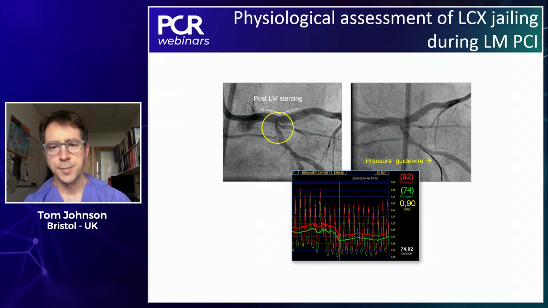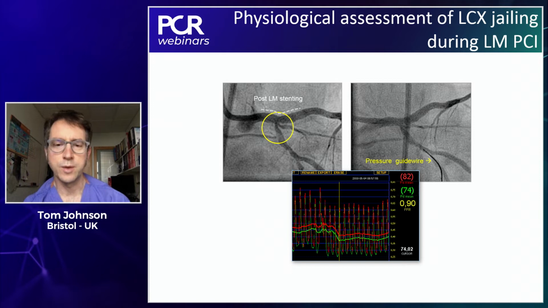I worry in this setting that leaving that ostial stenosis, although the physiology is reassuring, may be a driver for subsequent lesion failure, because we know from beautiful shear stress studies that it's that outer wall of the circumflex ostium that may be the most likely place to fail.